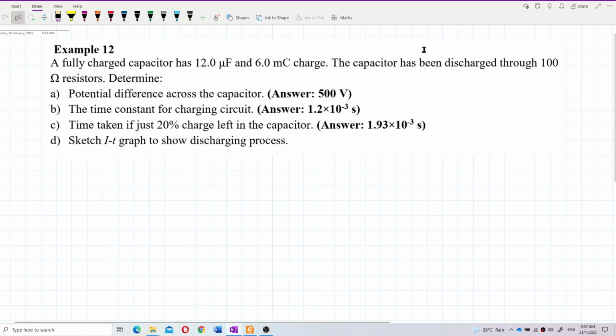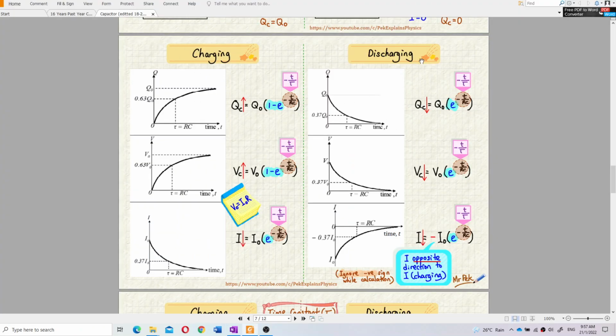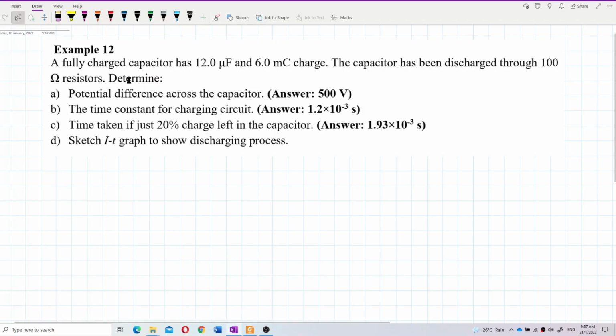So first of all, identify: is this a charging or discharging process? Which one? Because different formula. What I can see here is a discharging process, because it mentioned the capacitor is being discharged through the resistor. It's not connected to a battery for a charging process.